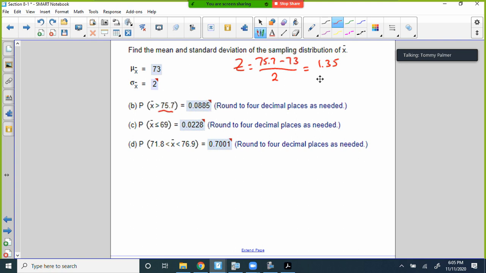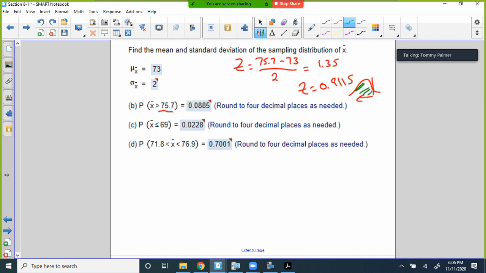Now, if we go to a normal curve and look at 1.35, we get 0.9115. But that's for everything from here over, all of this.